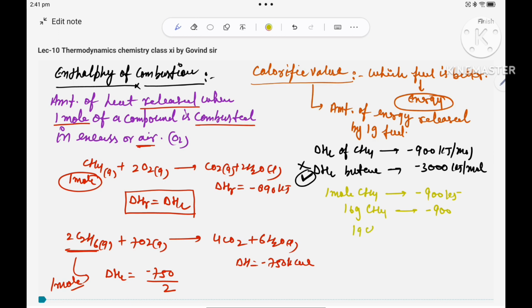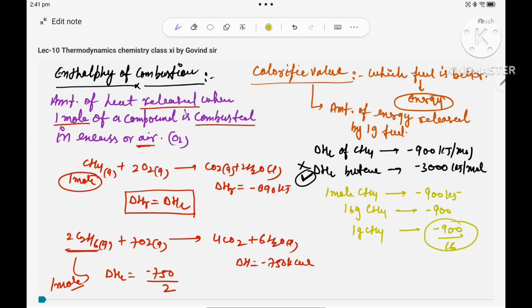So 1 gram CH4, how much it will produce? Minus 900 upon 16. Okay, so it will be around, calculate it.